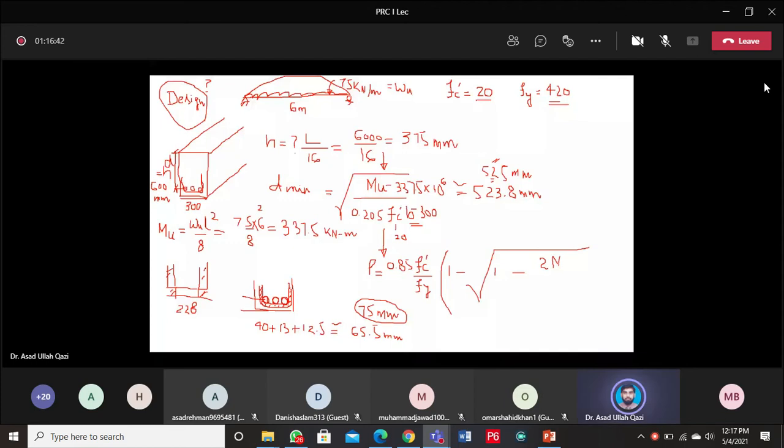Its derivation and its final shape, phi b d square into 0.85 fc prime.